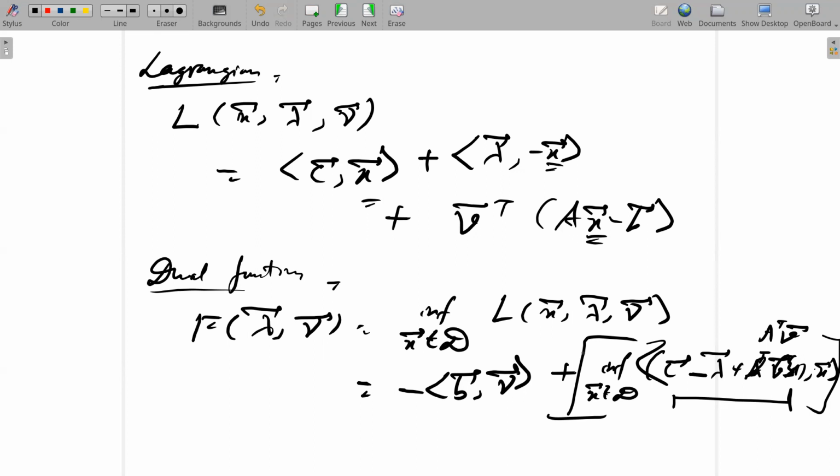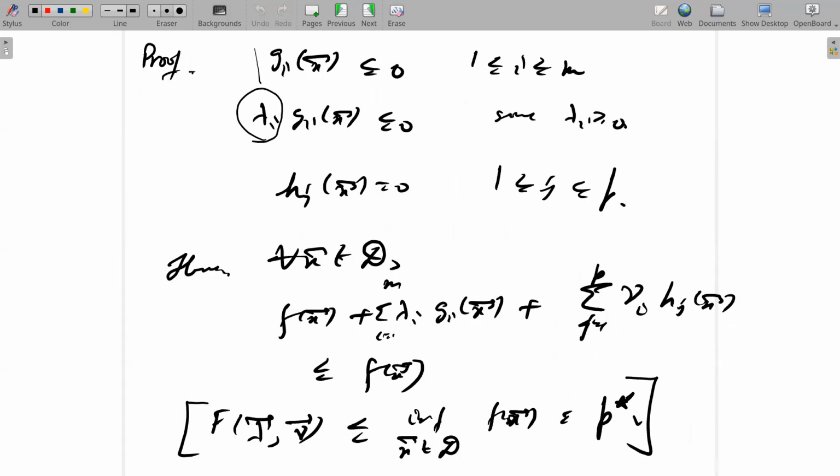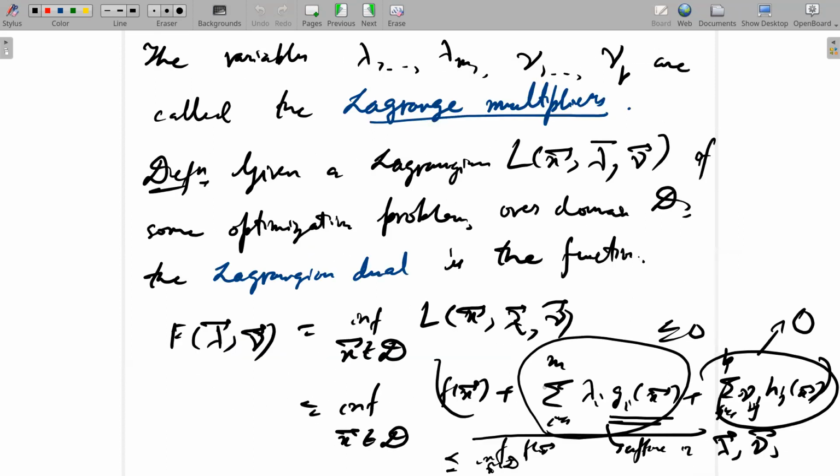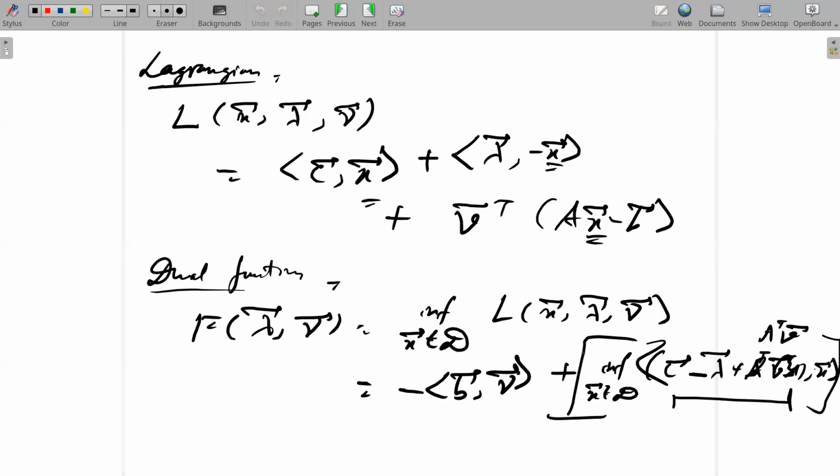So when I define the Lagrangian, finding this infimum, I mean, one should be able to use the simplex method to do it.